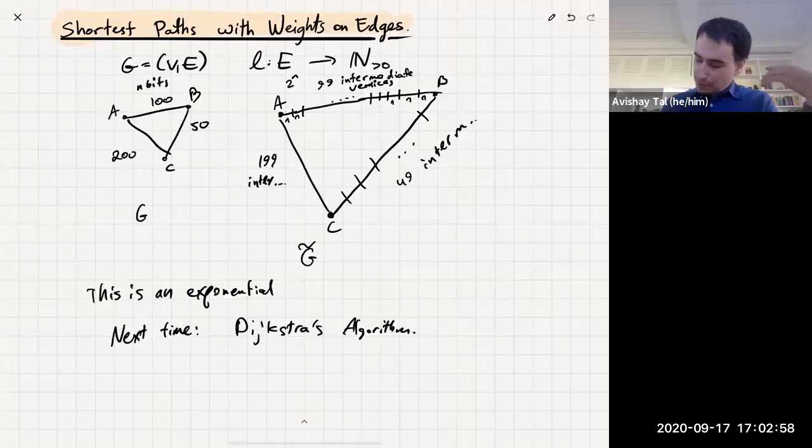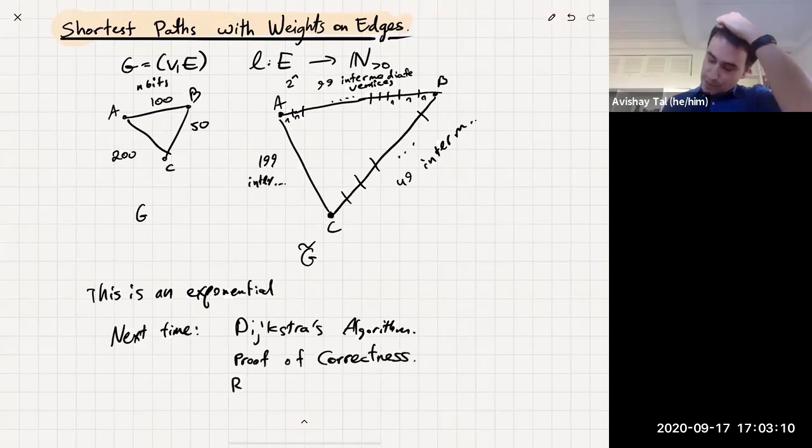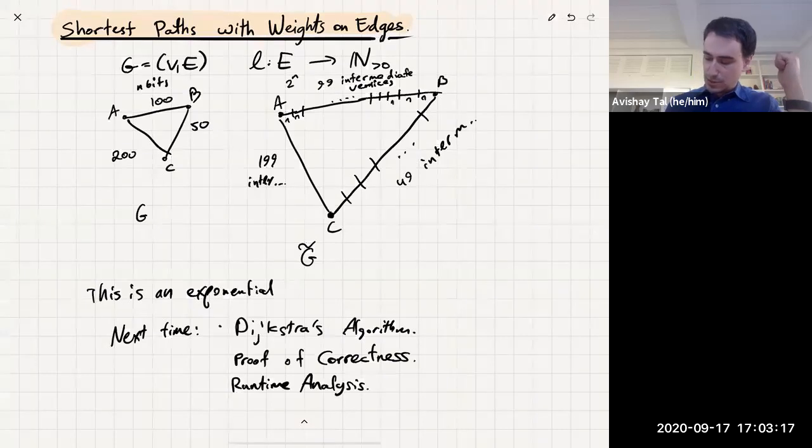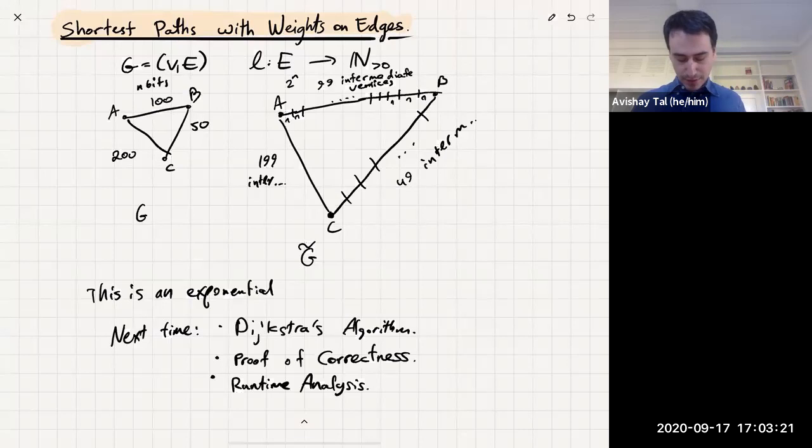We would prove that Dijkstra's algorithm is correct, that it does produce the right distances. We would analyze its runtime, and this would depend a little bit on the data structures that we are going to use. So there will be some intersection with data structures, but we will not go into much detail into data structures.